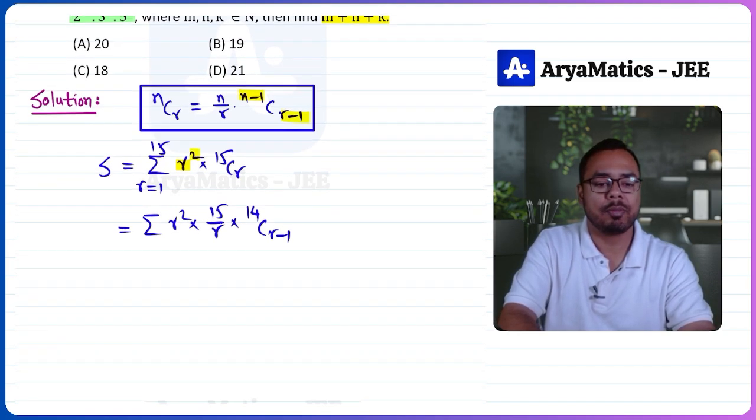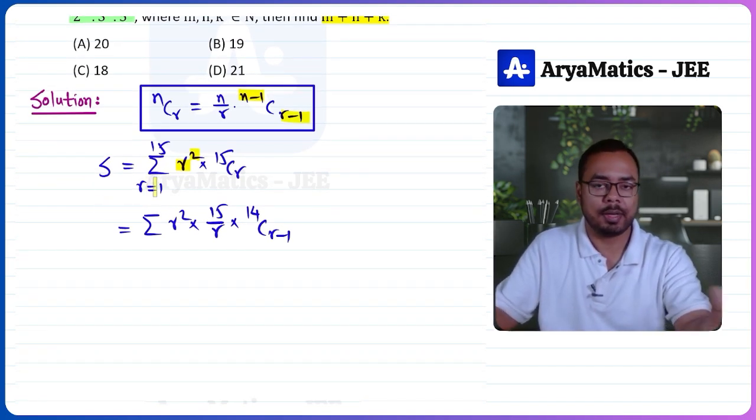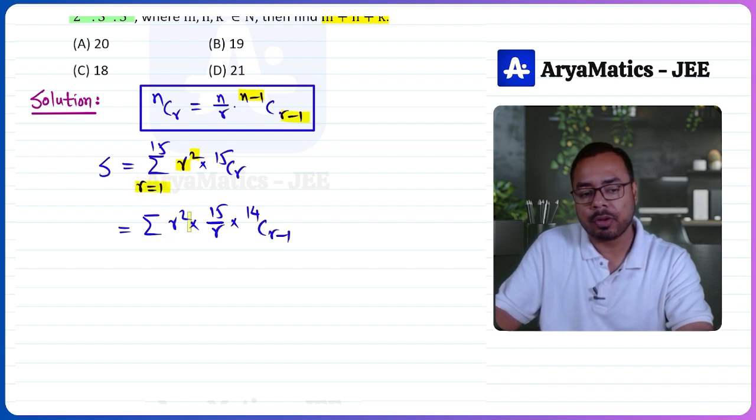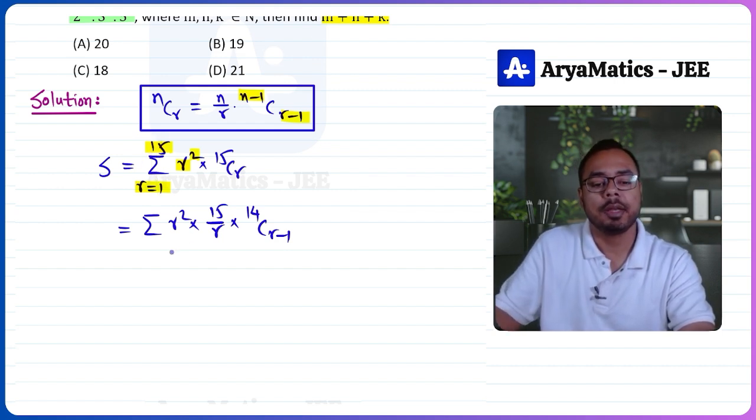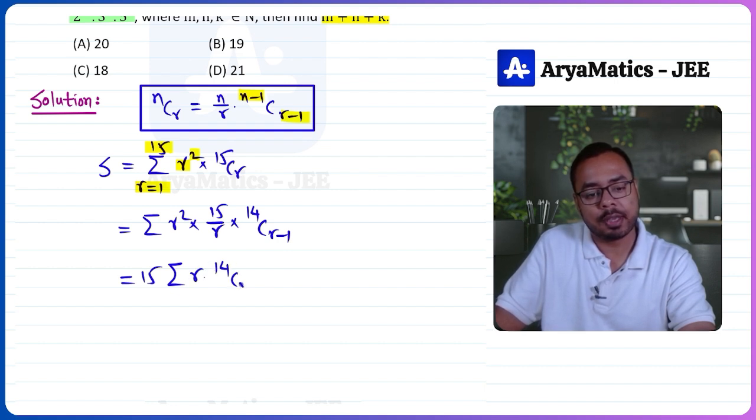The range for r is from 1 to 15. In the final step, we'll consider this one. For all of these, sigma r, the least value of r is 1, and r can take all the values starting from 1 up to 15. Now one r you can cancel. 15 is a constant that you can take outside, and now we are left with r into 14c r minus 1.